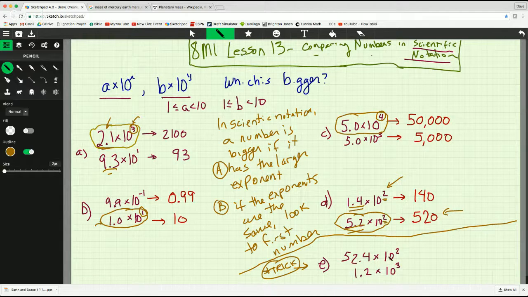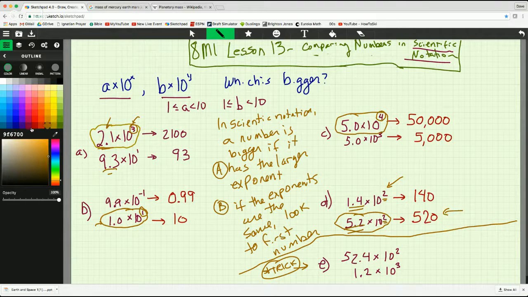Maybe you can convert it and see that the rule doesn't apply, and maybe you can tell me why. Okay, so hopefully you've looked at this one, and now you can see that this number here is 5240, and this number down here is 1200, and this first number is bigger.